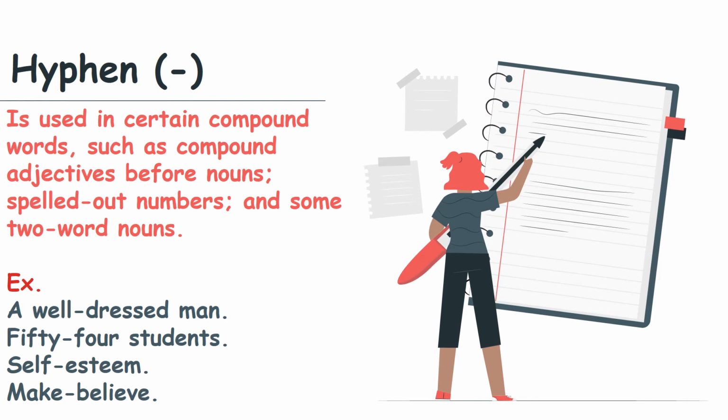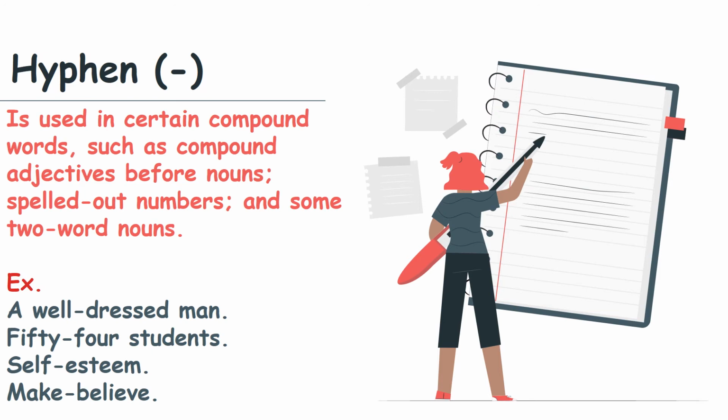Hyphen. Hyphen is used in certain compound words, such as a compound adjective before nouns, spelled out numbers, and some two-word nouns. For example, in a compound adjective like well-dressed. Here I actually used two adjectives and it's a compound word, so to separate them, I put a hyphen.